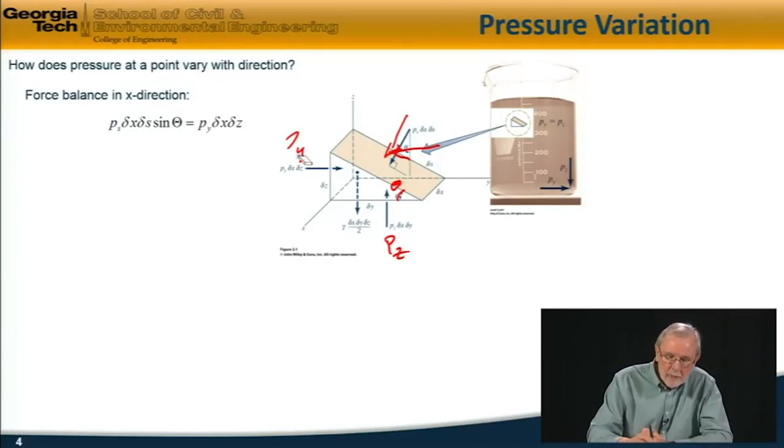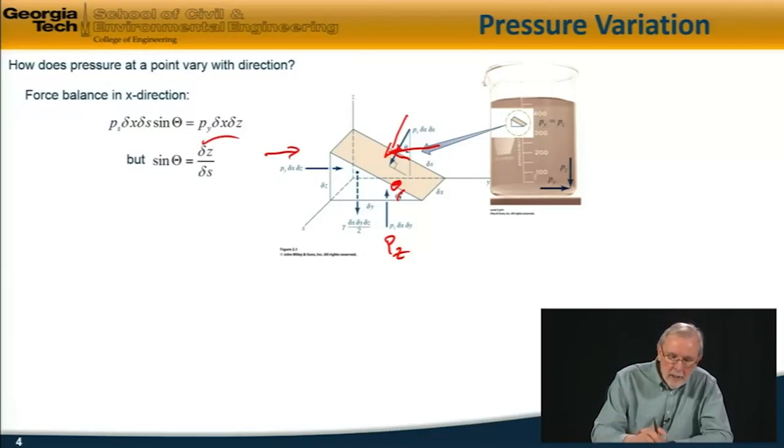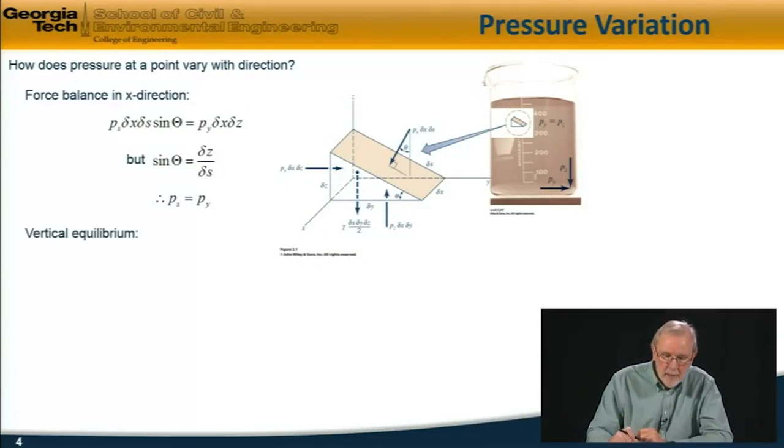This is balanced by the pressure force pushing in the y direction, which is Py times its area, delta x delta z. With a simple bit of geometry, sine theta is delta z over delta s. Plugging that in and cancelling out, we get the very simple answer that Ps, the pressure on the sloping surface, is equal to Py, the pressure on the vertical surface.